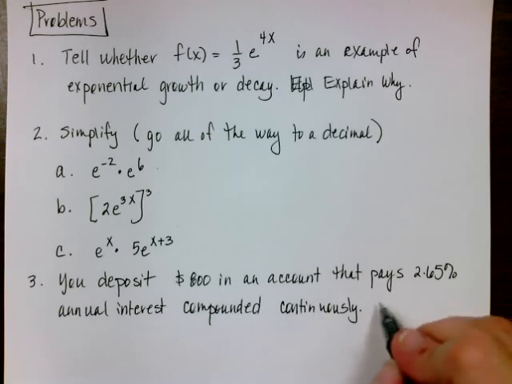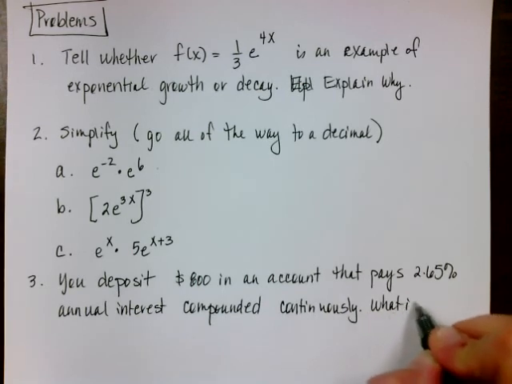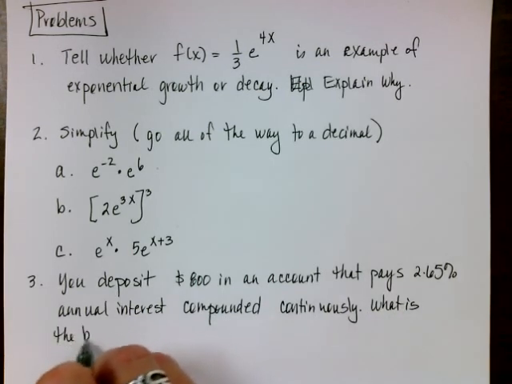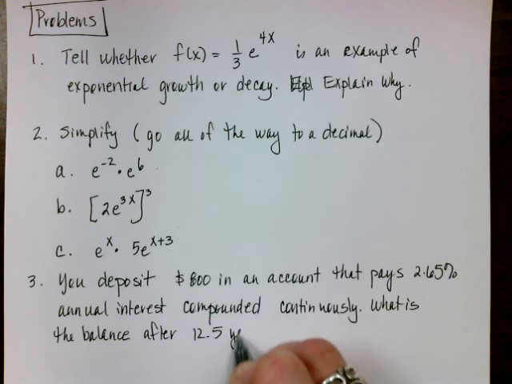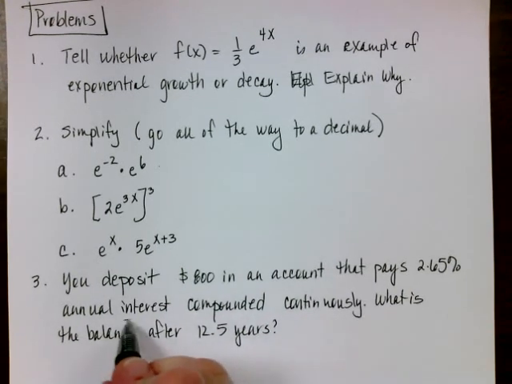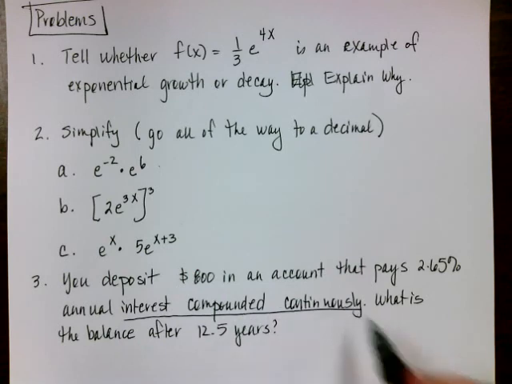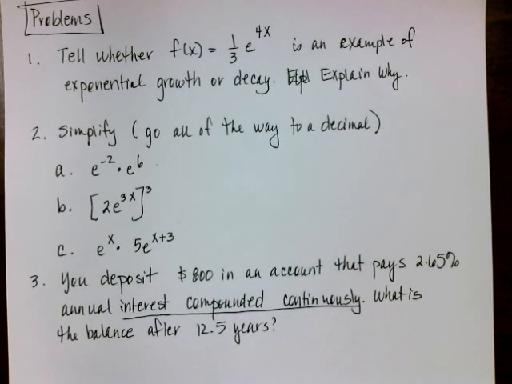What is the balance after 12.5 years? All right, and remember, this is your key phrase, interest compounded continuously, so that determines which interest formula you use.